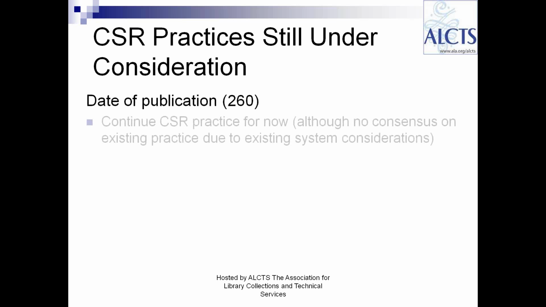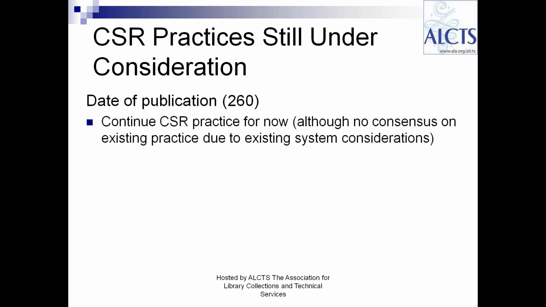For the date of publication, we're going to continue the CONSER standard record practice for now, which is that you're not required to provide a 260 subfield C, but there was not even a consensus on whether the existing practice was good or not, because there are a lot of systems that are still using 260 subfield C as a limiting device.